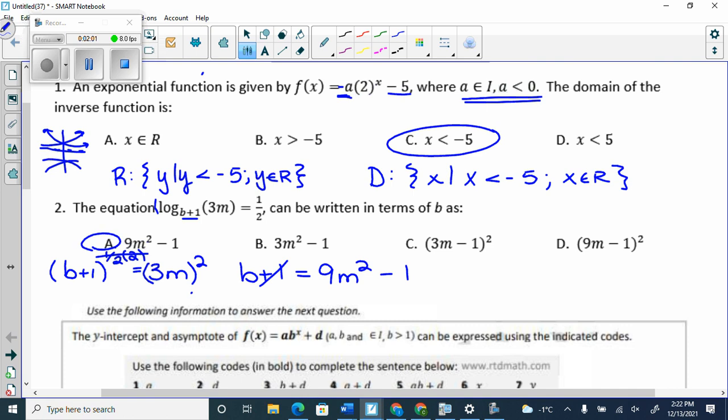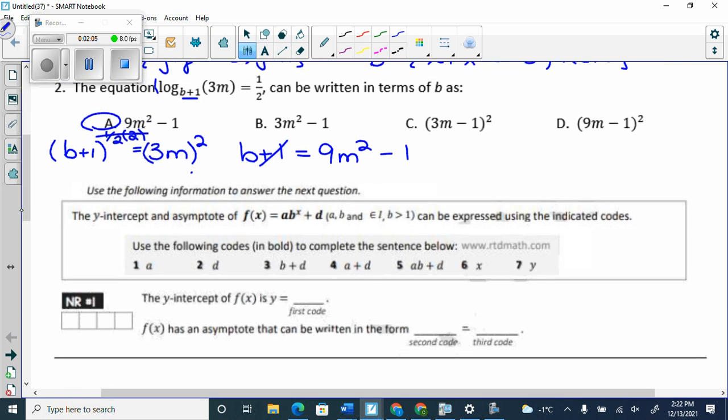Wait, I need to understand why... Oh, okay, I see. Yeah, that was a stupid mistake. It'll get you. Wait, why does it have 9? Because you have to square the 3, which everyone doesn't do.